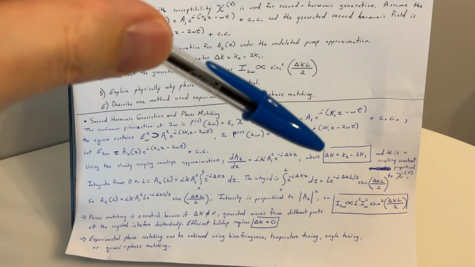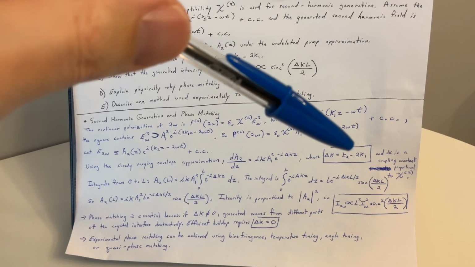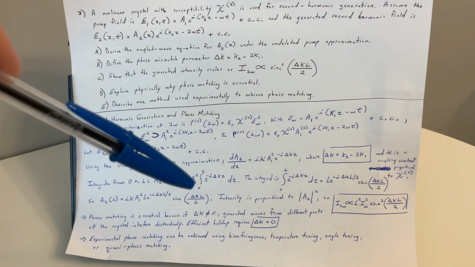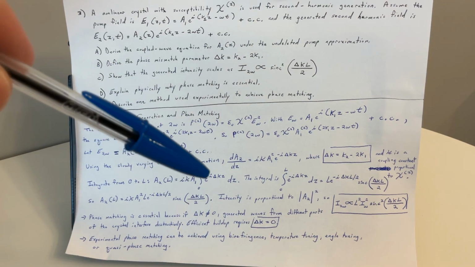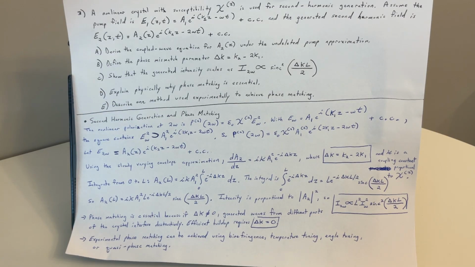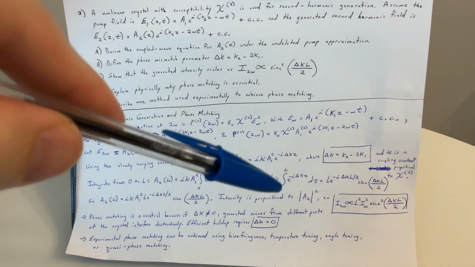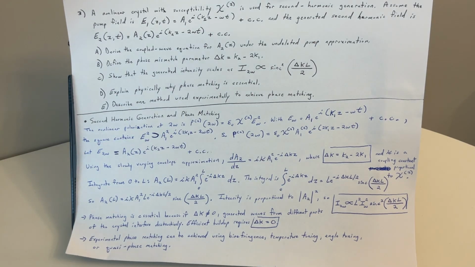So our delta k is going to be equal to k sub 2 minus 2 k sub 1. And that kappa is the coupling constant proportional to that second order chi. Now, if we integrate from 0 to L, we get A sub 2 of L equals i kappa A sub 1 squared times the integral from 0 to L of e to the negative i delta k z dz.